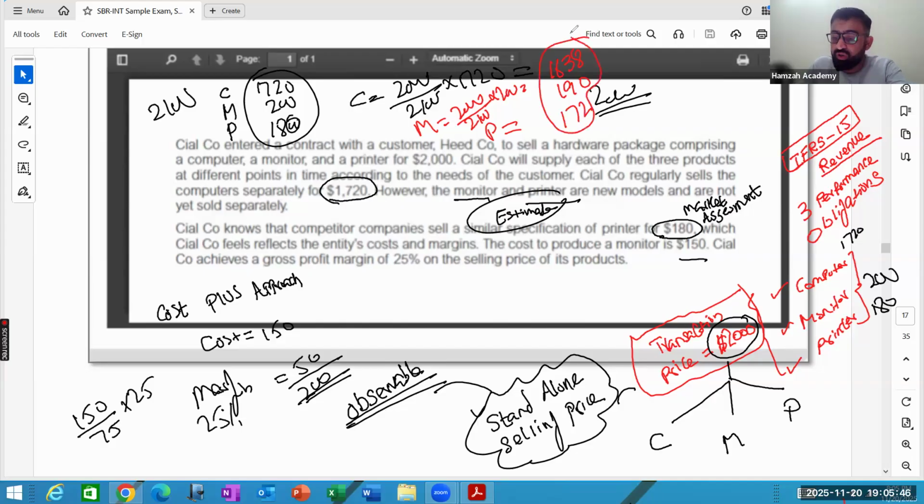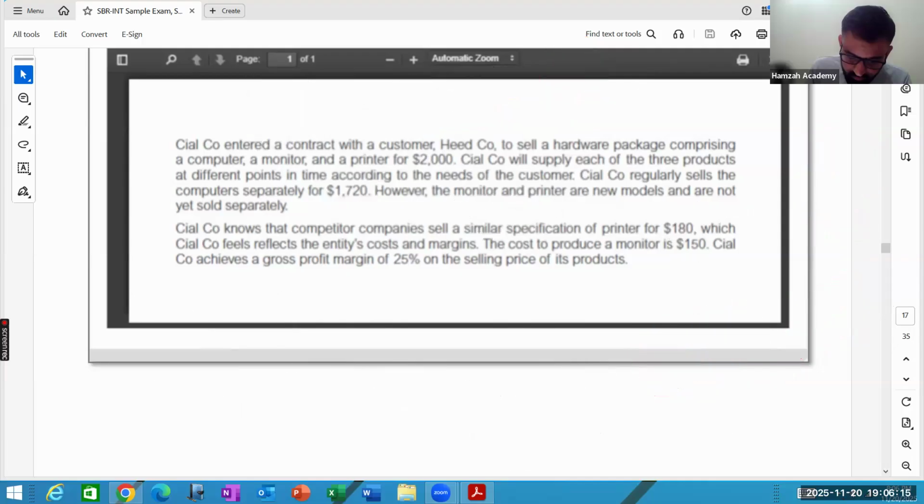So this is how we allocate the transaction price in these three distinct performance obligations. You got it? Any question?